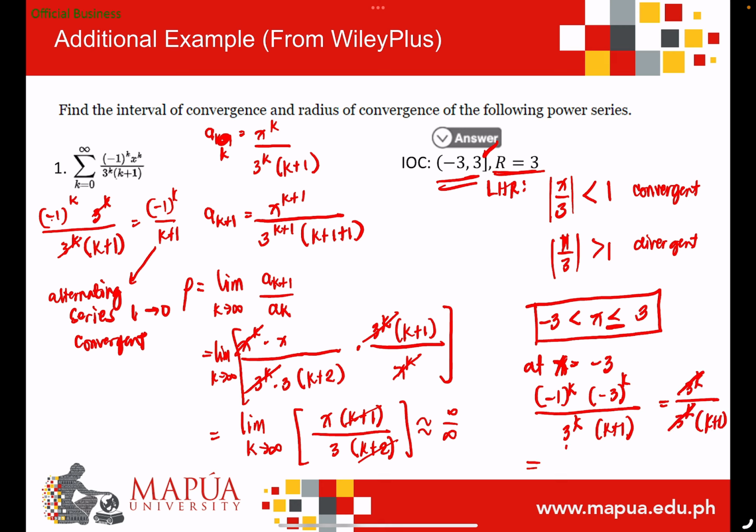So this is 1 over k plus 1, which is somewhat similar to a harmonic series, which is divergent. So that's why -3 is not included. So it is an open interval at -3 and a closed interval at +3.